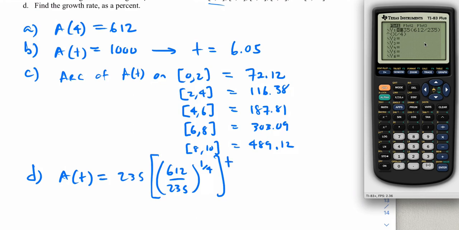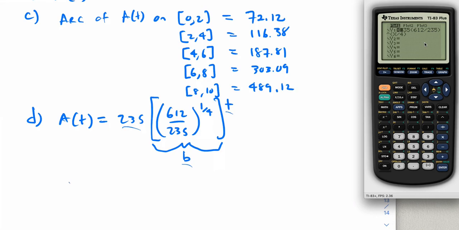So that is a different form of the same model, and that's the standard form of an exponential curve. This number right here is the base b, the growth factor. This is a sub 0 times b to the t power. So we have the base of the exponential function, and that means the growth rate, r, is equal to that base, 612 over 235 to the 1/4, and then minus 1. On an exponential curve, r is equal to base minus 1.